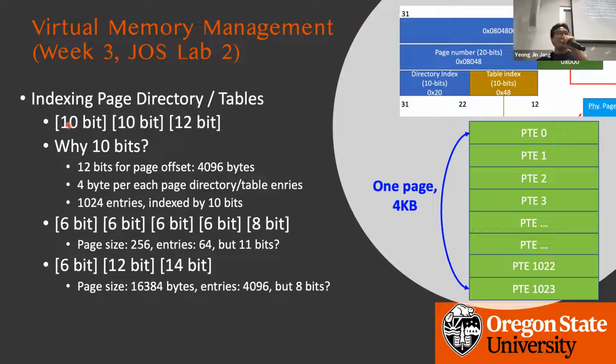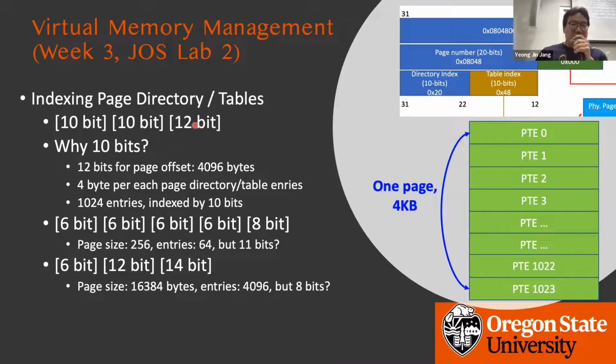These 10, 10, 12 separations, I believe, are intentional. I'm not sure of the exact reason for the numbers, but for that era, 1985 or before, 4 kilobytes and this kind of design was particularly performant, I believe.